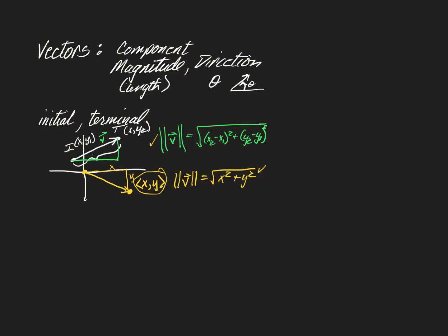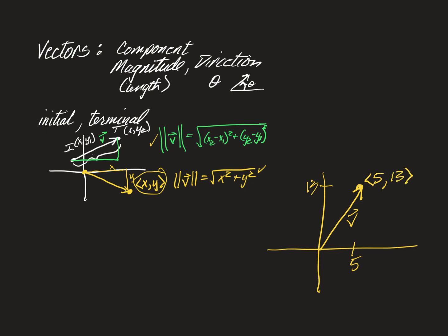So the first problems you have to do are find the magnitude of a vector. So if we have a vector, let's say we have a vector here, and it's 5, 13, and it's a position vector. All right, and we'll call it vector v. And we want to, so the component form is 5, 13. All right. And we want to find the magnitude of that. Then we can find the magnitude of vector v, which could be written as the magnitude of the vector written in component form.